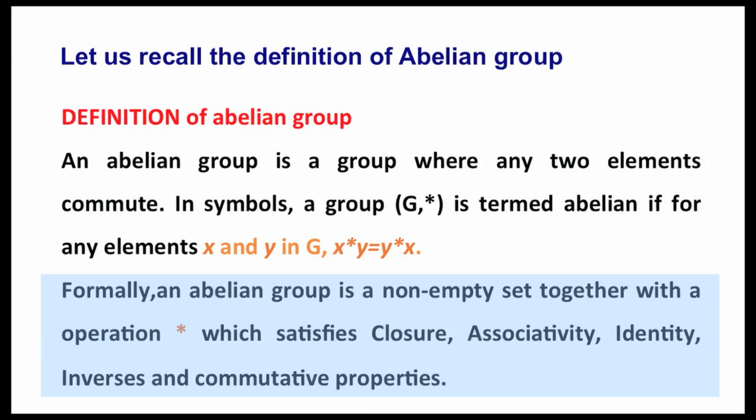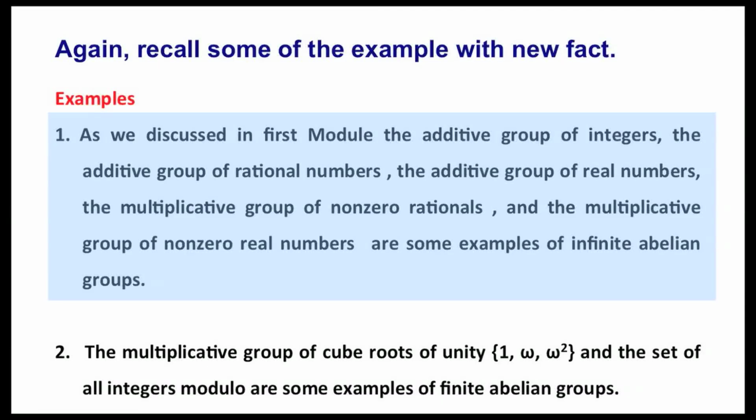commutative properties. Again, we shall recall some of the examples with a new fact. First one, as we discussed in the first module, the additive group of integers Z, the additive group of rational numbers Q, the additive group of real numbers R, the multiplicative group of non-zero rationals Q or non-zero real numbers R are some examples of infinite Abelian groups.